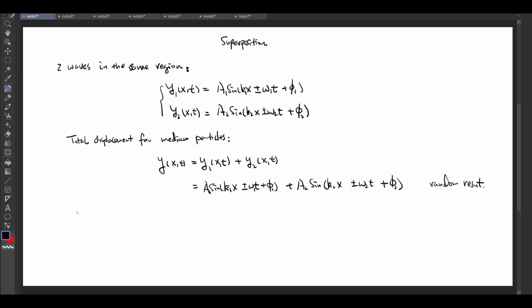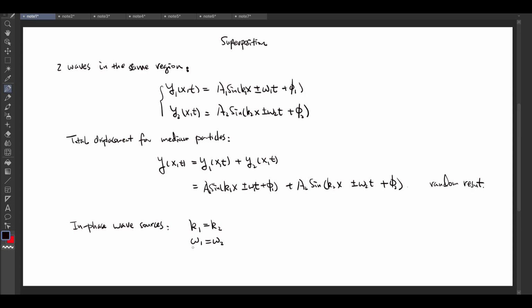So we're going to think about in-phase wave sources. By in-phase, we mean the wave number k1 is equal to k2, okay, and angular frequency omega 1 equals omega 2.